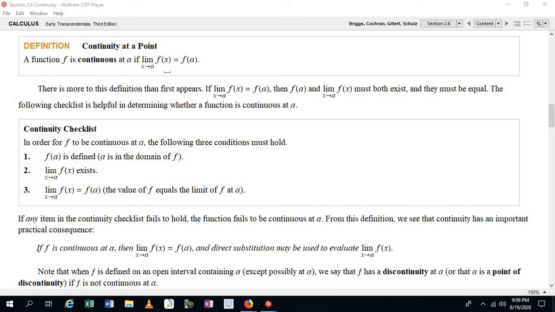It's only telling us what the y value of the function is getting closer to as x is getting closer to a. Now having said that, if the y value of this function is getting closer to the same y value that you get when x actually equals a, then that's when we say f is continuous at a.